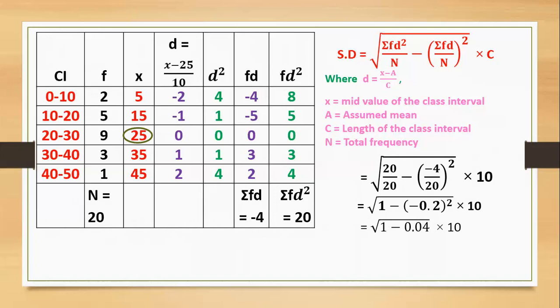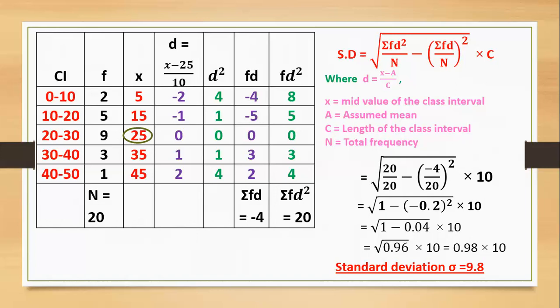So square root of 1 minus 0.04 is square root of 0.96, which is 0.98, into 10. Therefore, the standard deviation is 9.8.